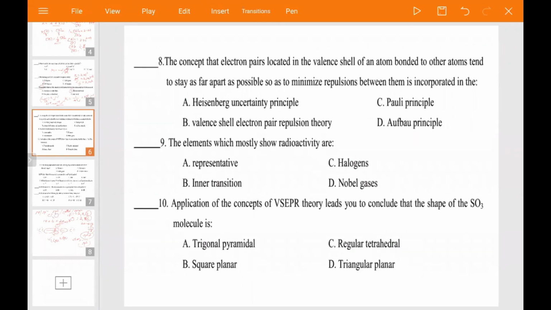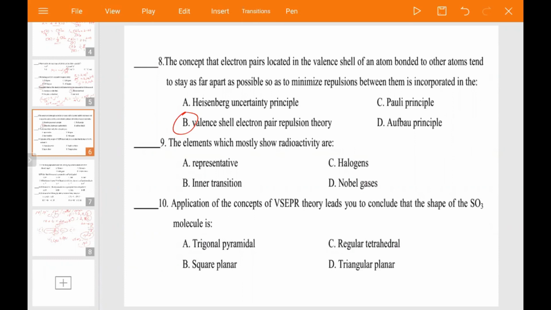The answer is B. It is the valence shell electron pair repulsion theory, VSEPR. Electrons should be found around the central atom as far apart as possible in order to minimize repulsion.